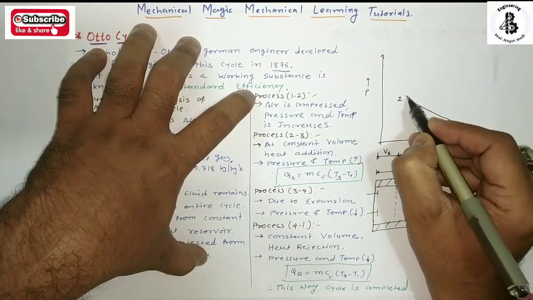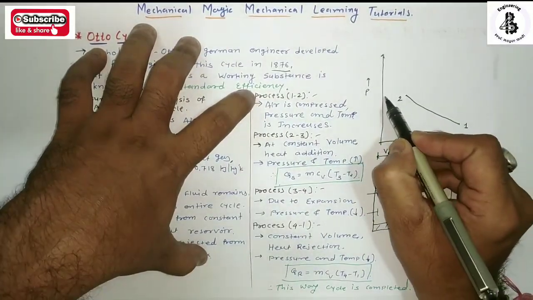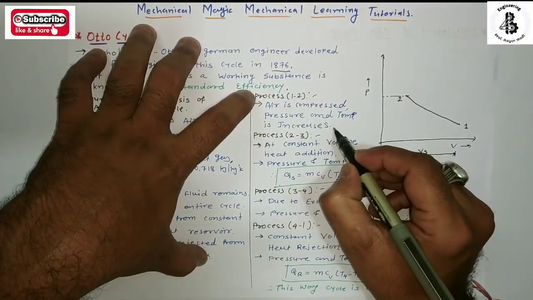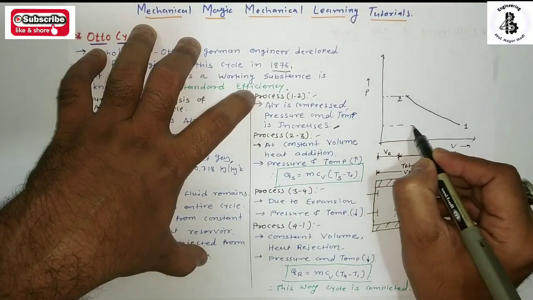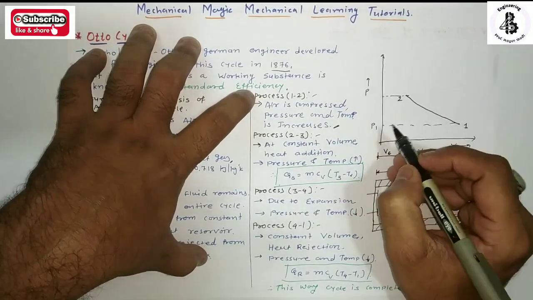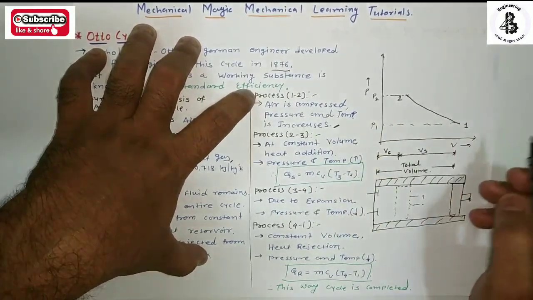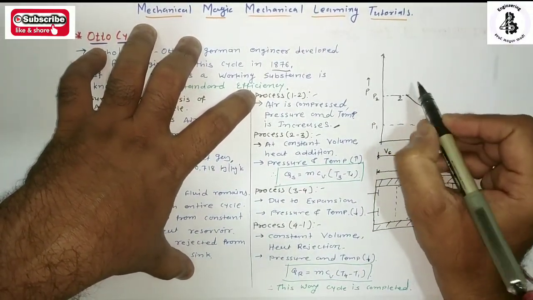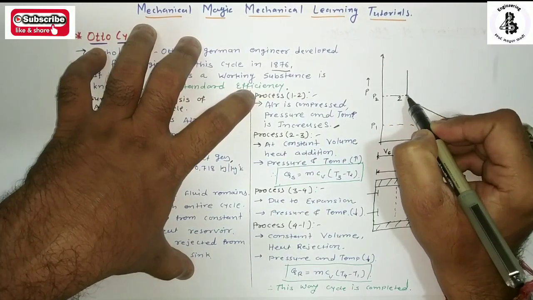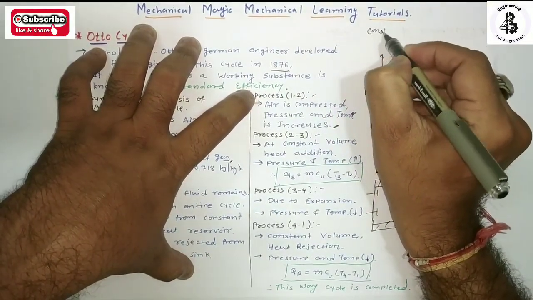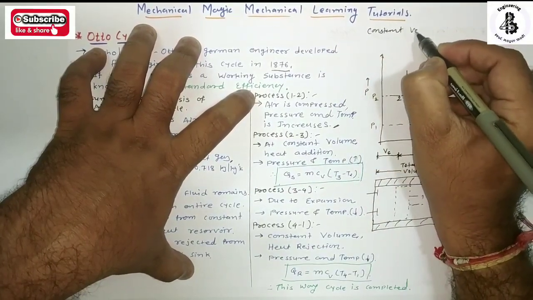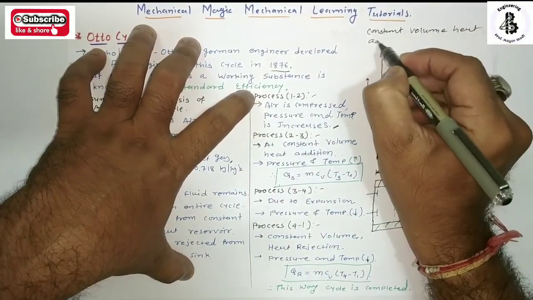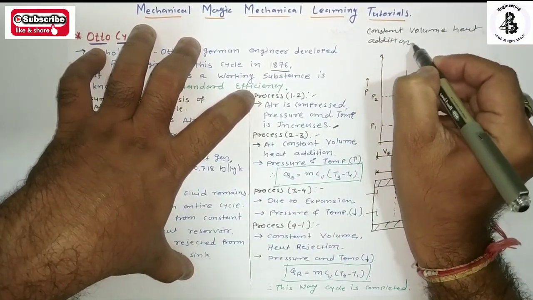So from process 1 to 2, or state 1 to 2, pressure and temperature increase, from P1 to P2. Then in the Otto cycle there is constant volume heat addition.